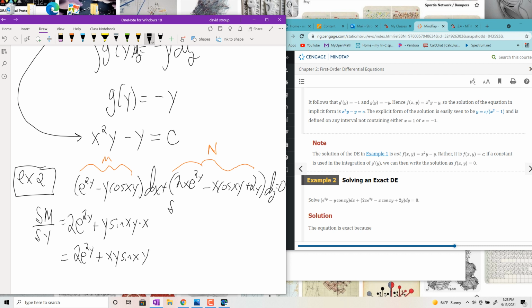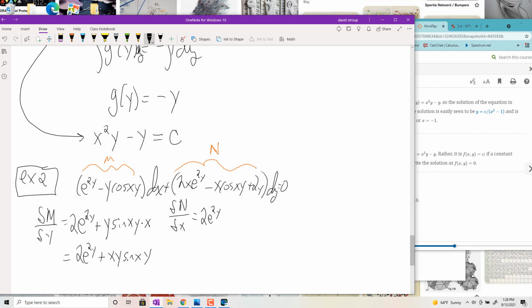Okay, let's do the partial of N with respect to x. So the first term there with respect to x is just 2e to the 2y. Then I'm looking at, again, I'm going to have to do a product rule on this next part.